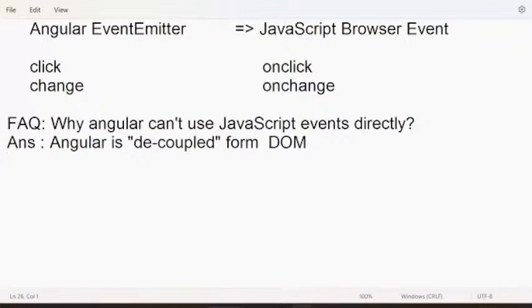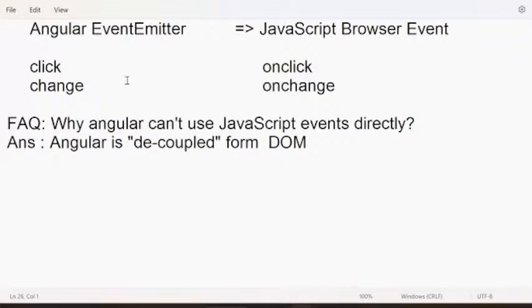So why can Angular not use JavaScript events directly? Because Angular is completely decoupled from DOM. When it is decoupled from DOM, it cannot use any DOM directly, but it uses a pseudo DOM which maps to that DOM. For that, it has its own library.